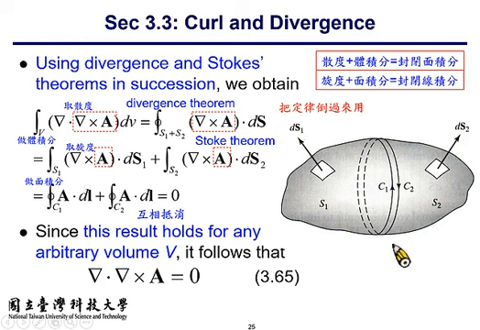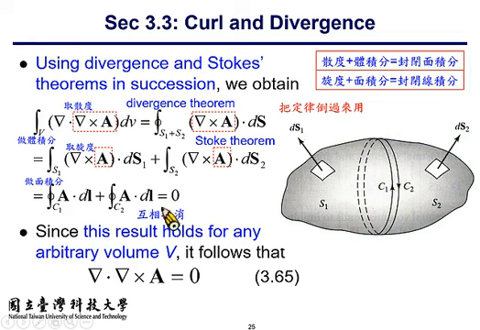And as you can see in the figure, C1 and C2 are in fact the same contour with different orientation. They are of the opposite direction. So the line integral along the contour C1 cancels the line integral along the contour C2.